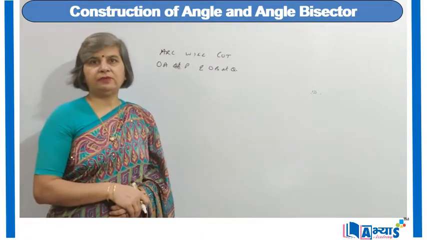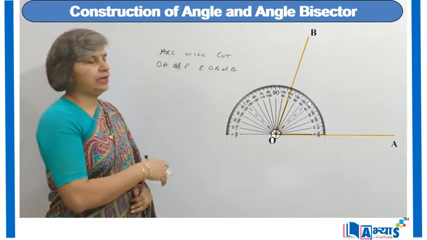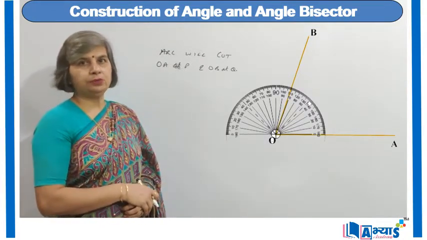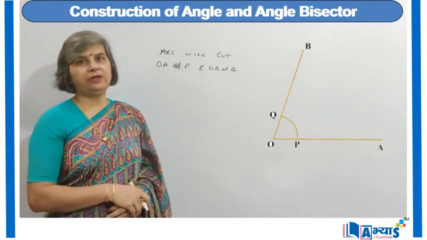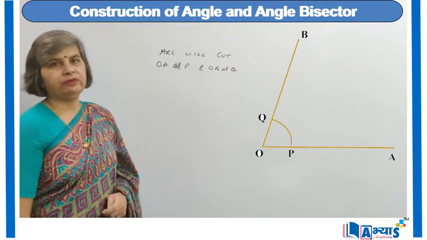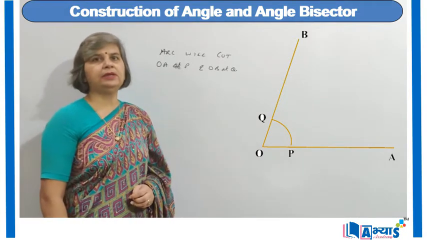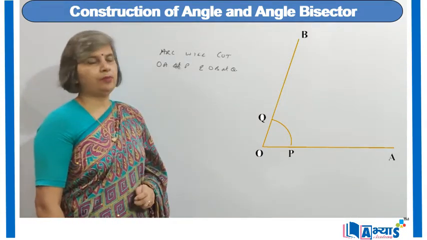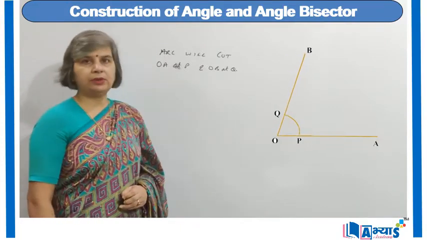So first, what I have done is I have drawn an angle of 72 degrees with the help of a protractor. Then I have tried to bisect the angle. For this I have taken the pointer at O and drawn an arc which is cutting OA at P and OB at Q. Then taking the pointer at point P and a radius more than half of PQ, I have drawn an arc.